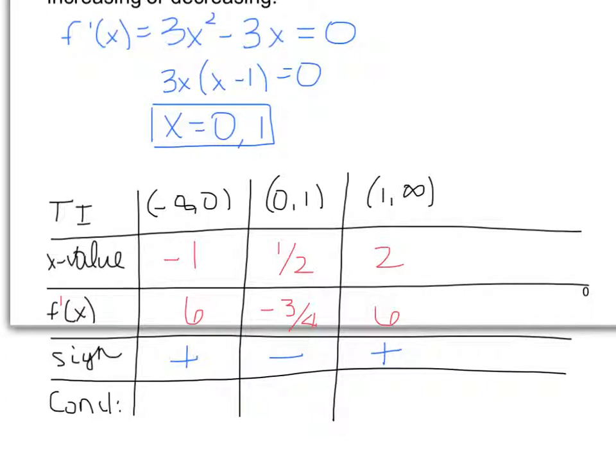So what I can conclude from that is that my function is increasing, and from this point forward I'm just going to draw an upward arrow. Here my function is decreasing, or a downward arrow, and then I'm increasing again. So I'm increasing on the interval from negative infinity to 0, and from 1 to infinity, and I'm decreasing on the interval from 0 to 1.